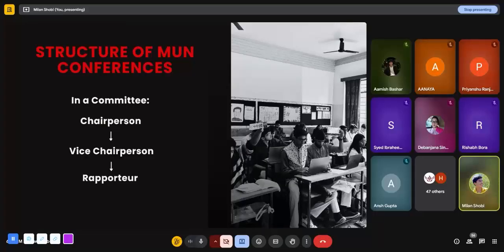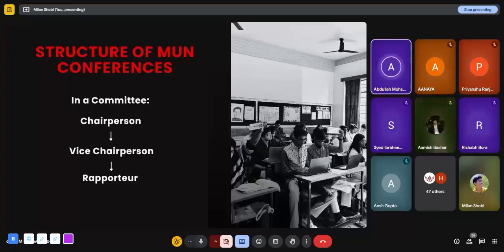Going ahead, we have the structure of MUN conferences. We have Abdullah Mohsin saying this. Yes, it's great. So in a committee, of course, it includes the delegates like us who represent different countries. But a committee also has something called the executive board or EB.